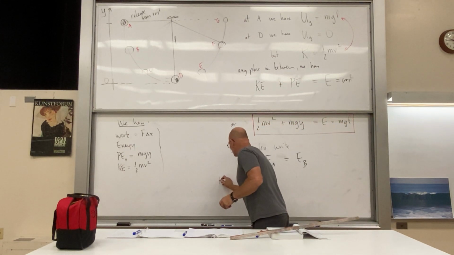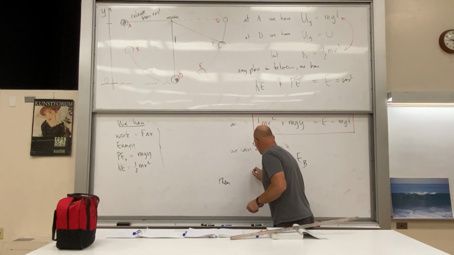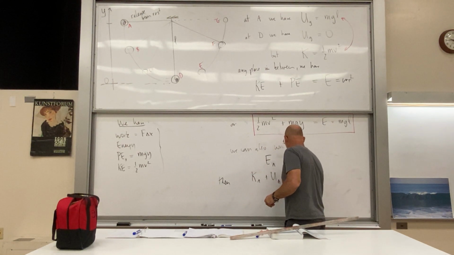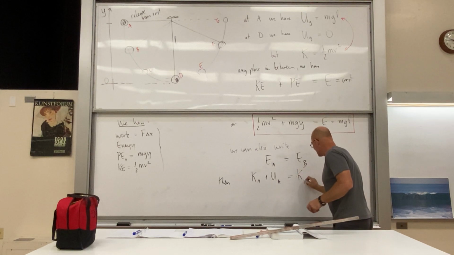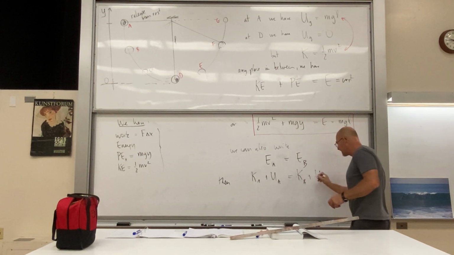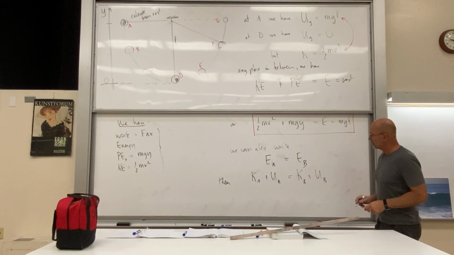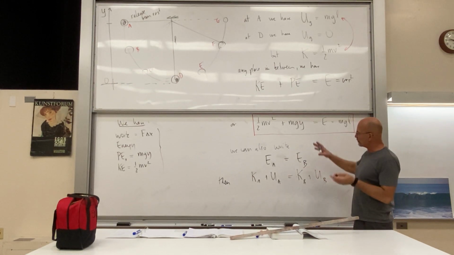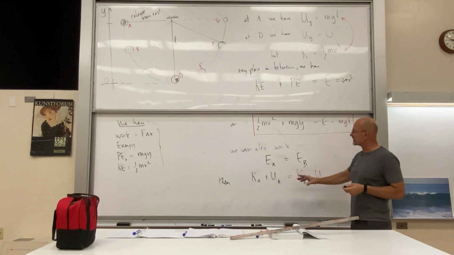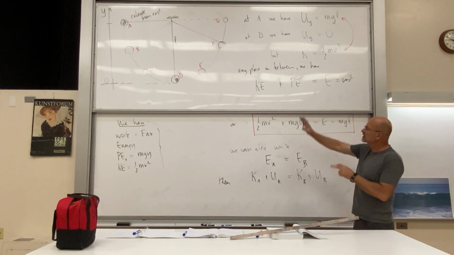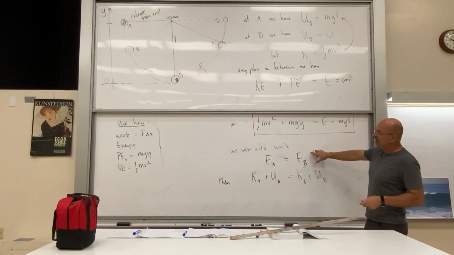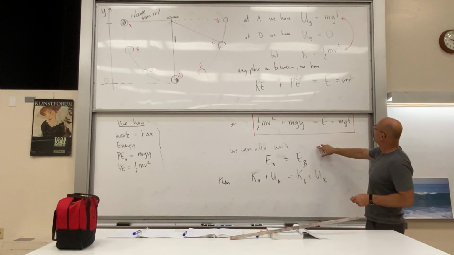Then what you do is you write kinetic at A plus potential at A equals kinetic at B plus potential at B. And this is one of these recipes. I encourage you to write out all the steps, especially at first, because then nothing can go wrong. You've got a frictionless scenario, you write energy at A is equal to energy at B. That's what conservation means.